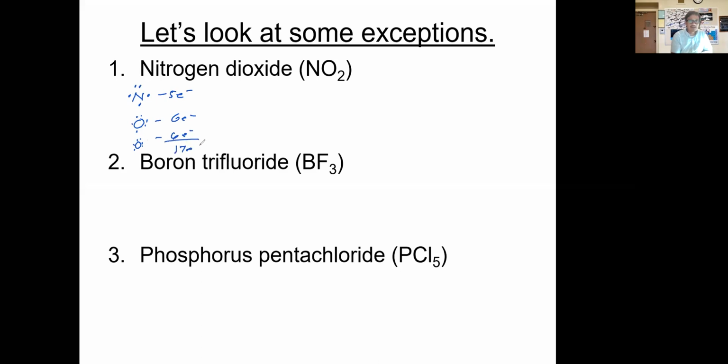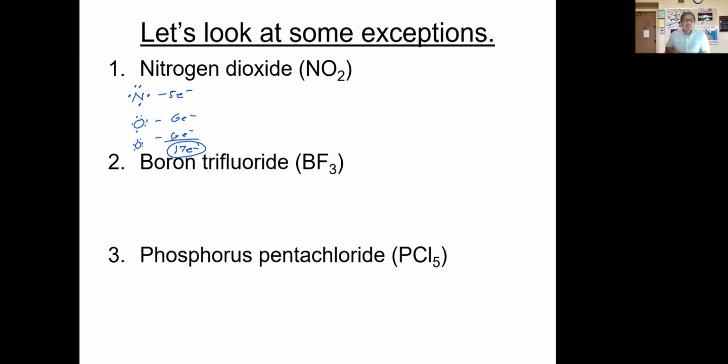There's an odd number of electrons, folks. And it's simple math: there is no way that if every atom achieved an octet, the nitrogen and both oxygens, you would get an odd number of electrons. That cannot happen.